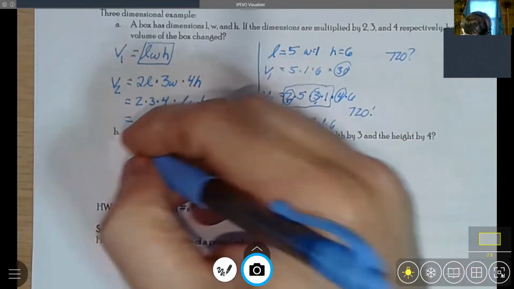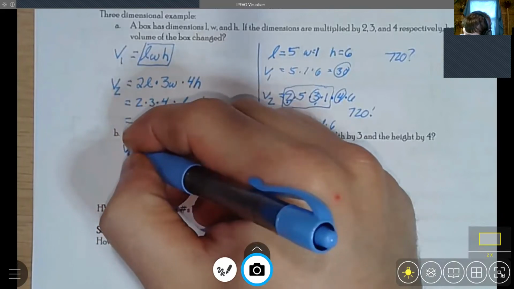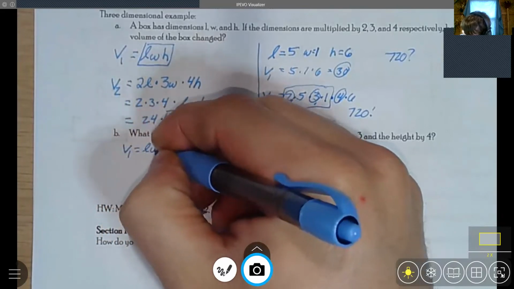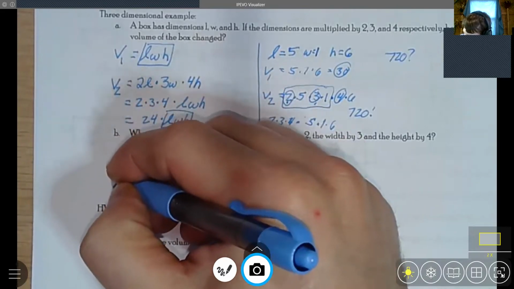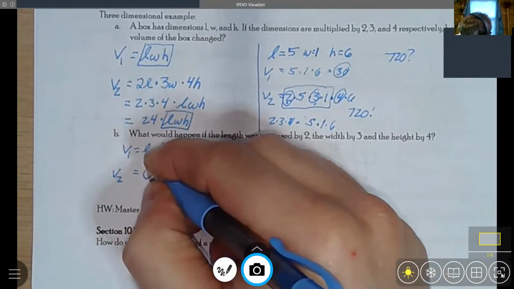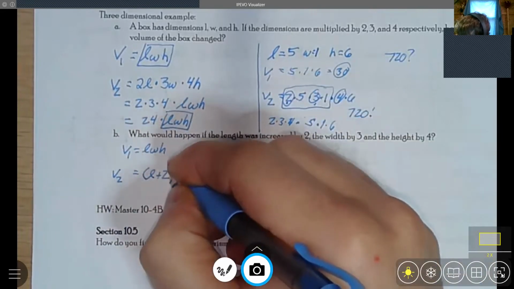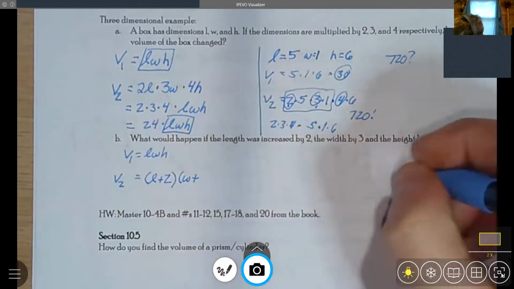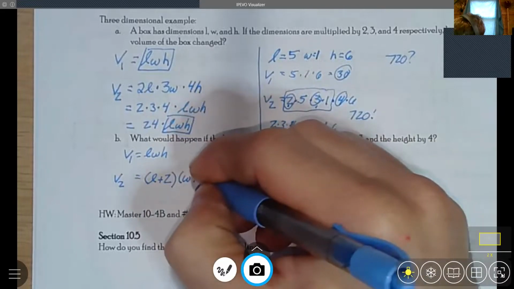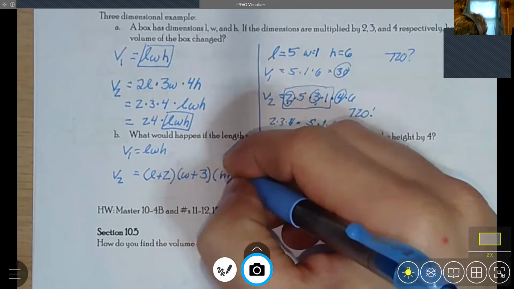So I still have my original volume is LWH, but now my new volume is going to be L plus 2 times W plus 3 times H plus 4.